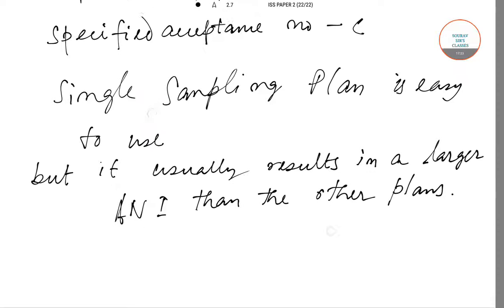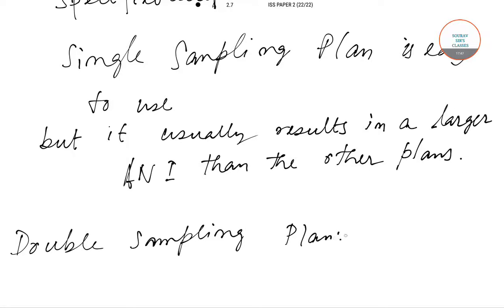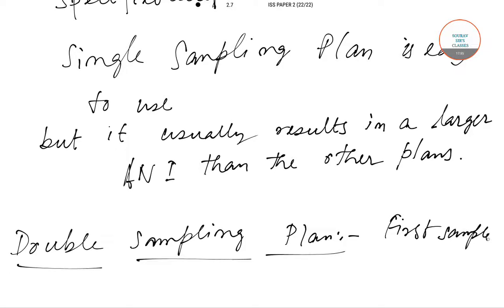Now there is double sampling plan. So in this double sampling plan, management specifies two sample sizes and two acceptance numbers. So in this double sampling plan, the first sample is either accepted or rejected.